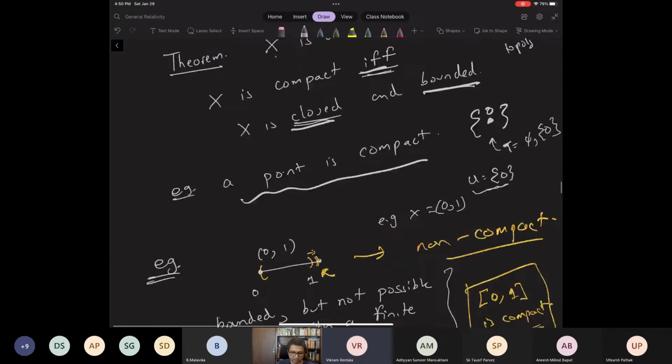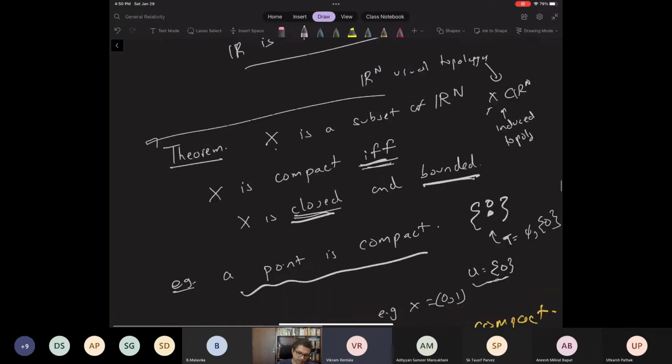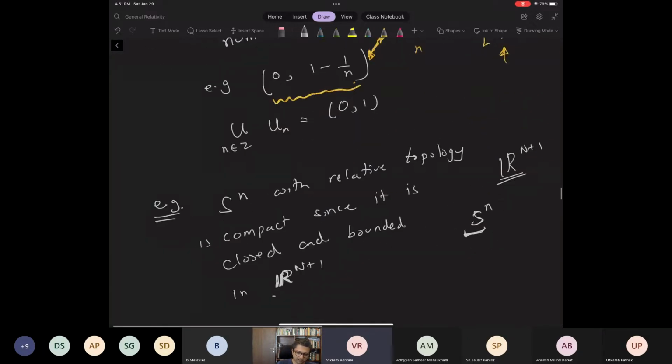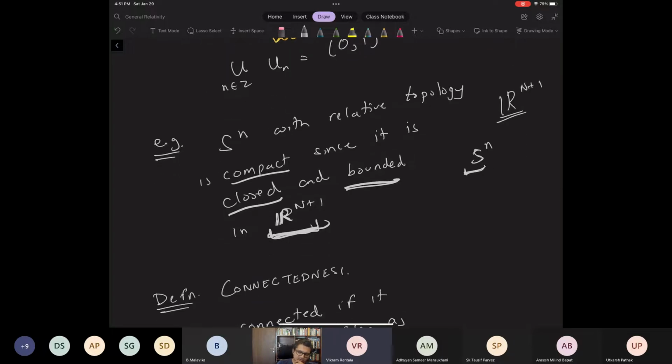By this theorem, we've not proved it, but we'll just assume it's true, this space S^n inside R^(n+1) is compact, because it is both closed and bounded in R^(n+1). And therefore, this space is compact.